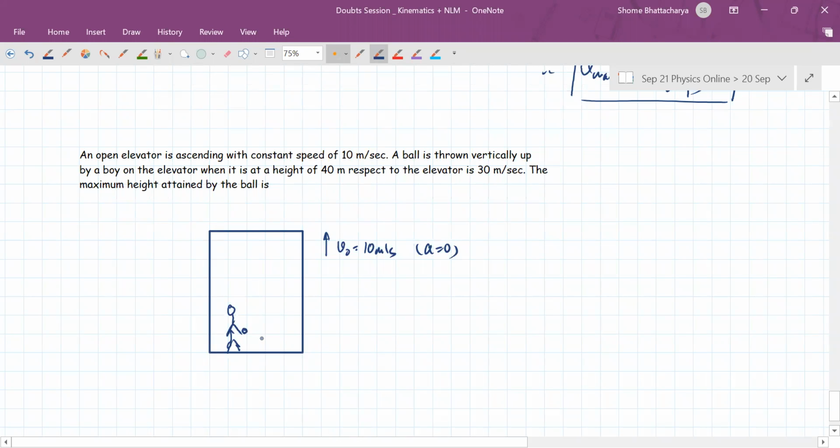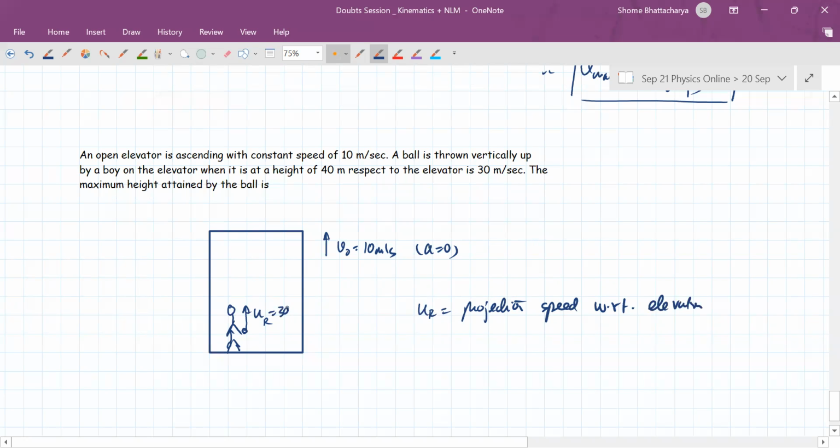when it is at a height of 40 meters, so the speed of projection of the ball relative to the elevator. So this UR is the projection speed with respect to the elevator.